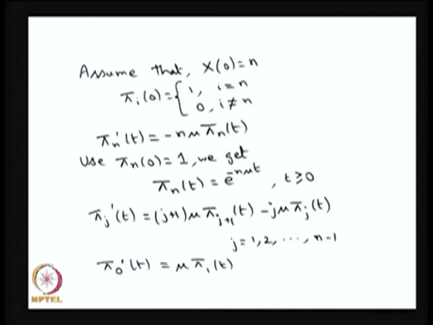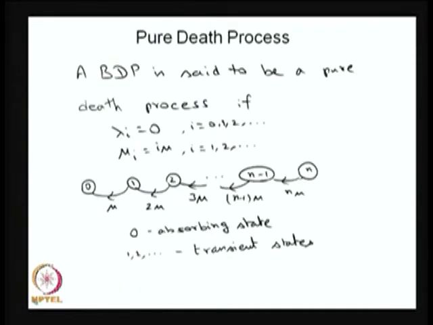So, I will get pi n of t. For the second equation, I have to go for the equation for the state n minus 1. So, pi n minus 1 dash of t is nothing but either the system comes from the state n or does not move from the state n minus 1.